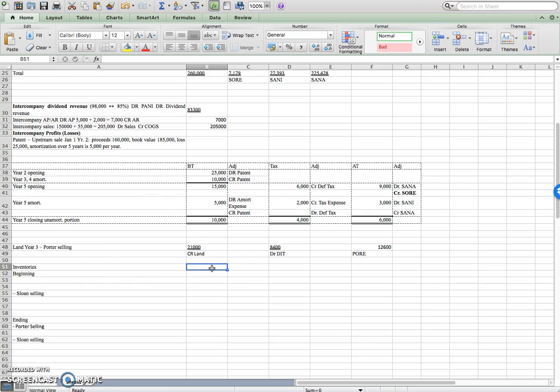Inventory. They gave us a ton of information about inventory going back and forth between both Porter and Sloan. So let's start entering some information in here. From the Porter side of things, it tells us that they had unrealized profits of $14,000. So let's grab it.